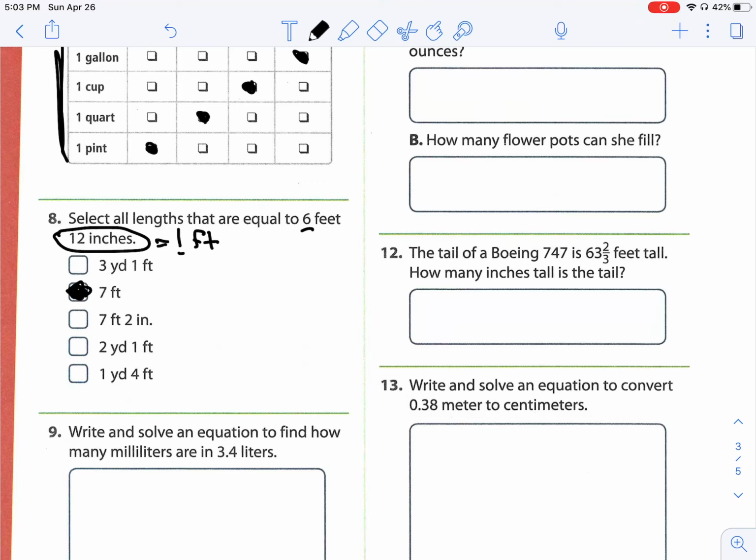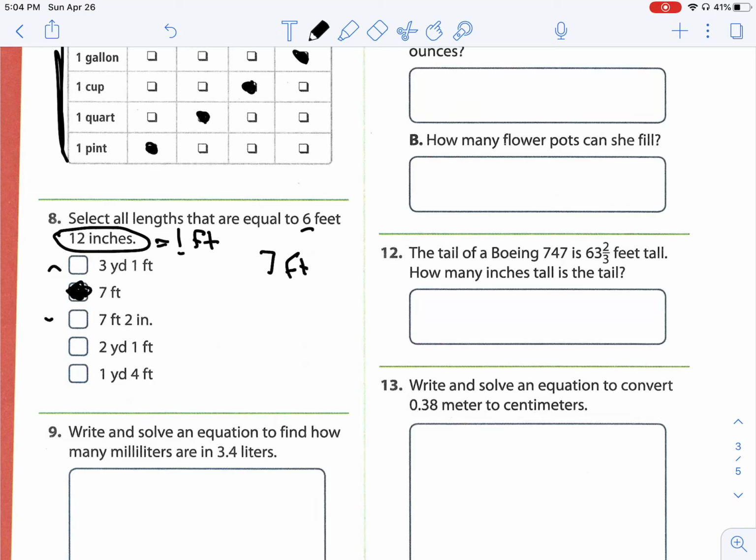Well, a yard is 3 feet. 3 yards is going to be 9 feet, plus 1 more foot is a total of 10 feet, and 10 feet does not equal 7 feet. This one won't work because we know that 7 feet exactly measures 6 feet 12 inches.